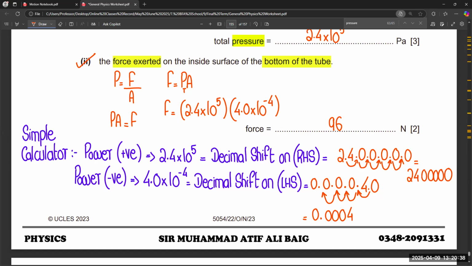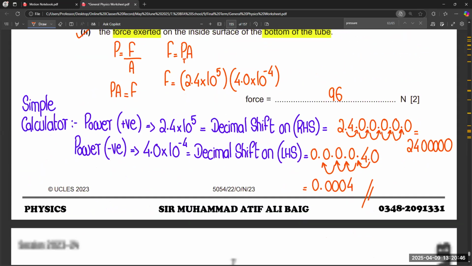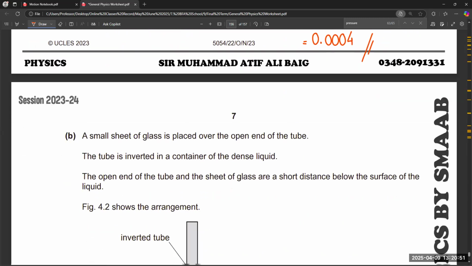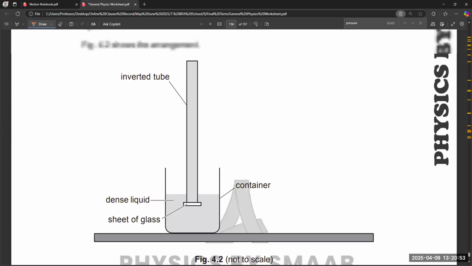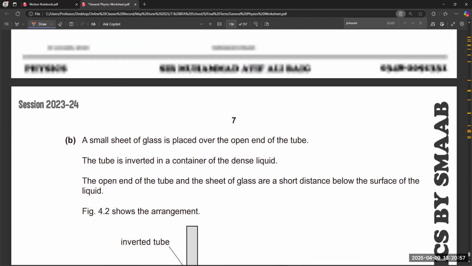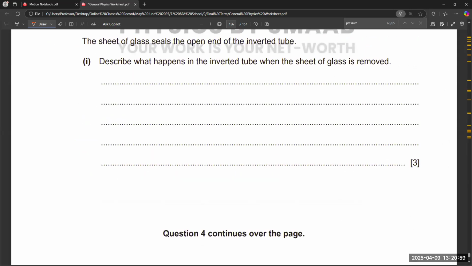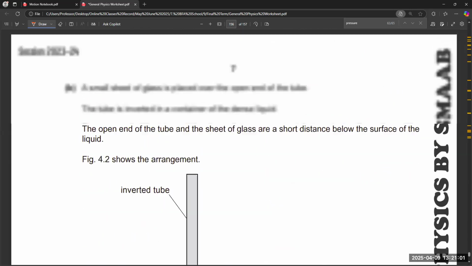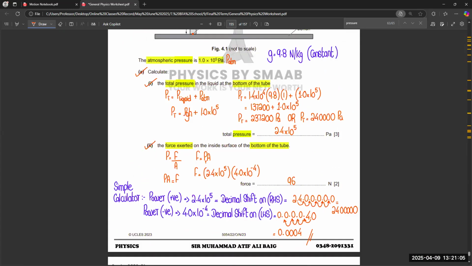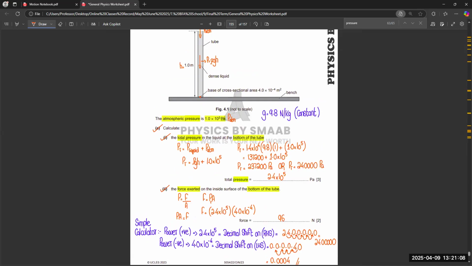Any confusion now? Further, if we consider more questions, I will send the screenshot of this one also.